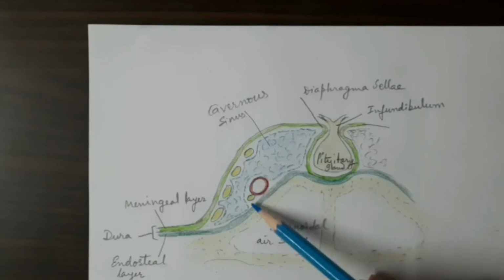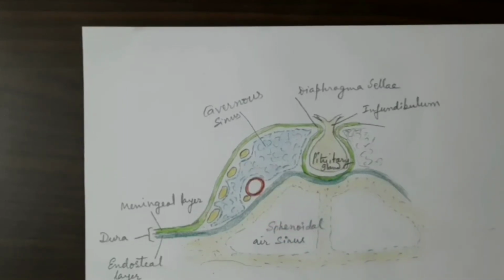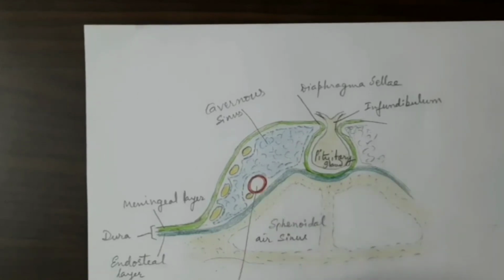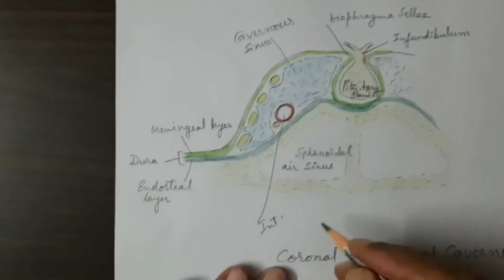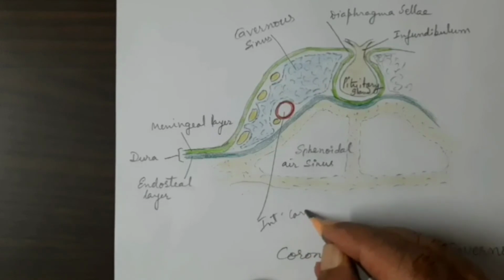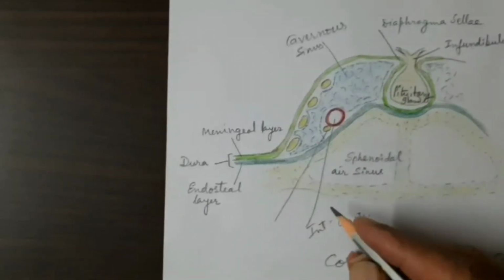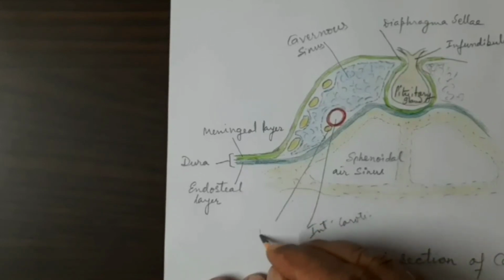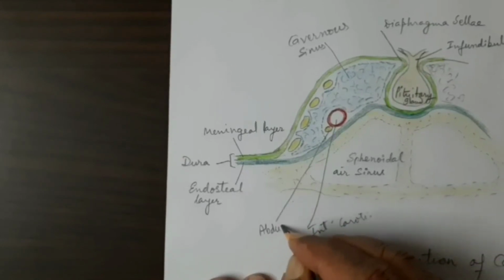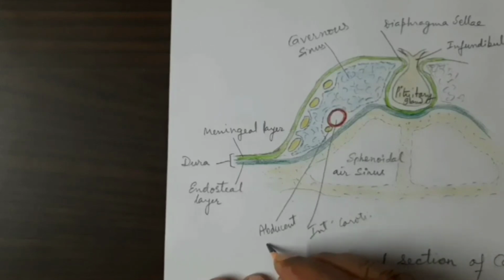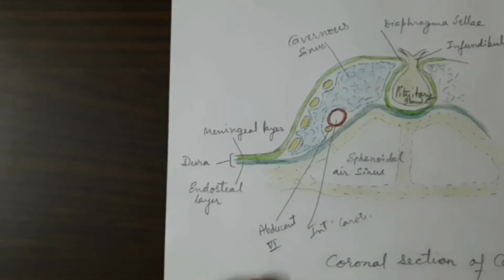This is the internal carotid artery, and this nerve just inferolateral to it is the abducent nerve, the sixth cranial nerve. They are outside the cavernous sinus because the sinus is lined by the endothelial lining.